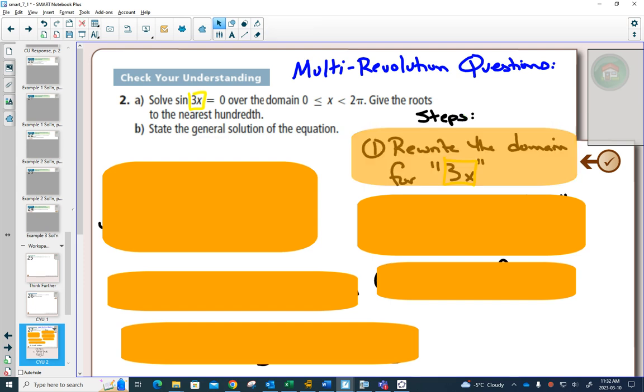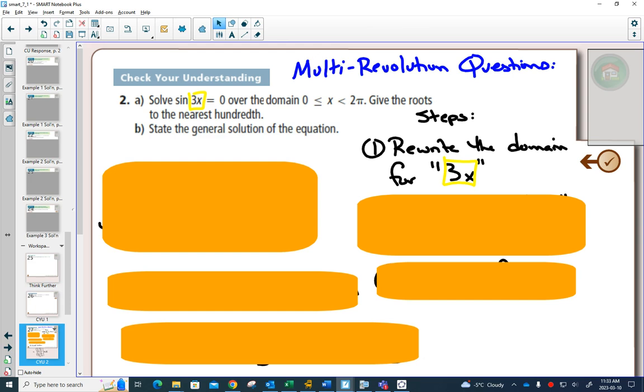First, we are going to rewrite the domain for 3x. Some of these steps won't make sense until we do some examples and see what this means for the work. The reason I wrote 3x in quotation marks is because in our question we had a 3x. If it was a 2x in our question, we'd rewrite the domain for 2x.